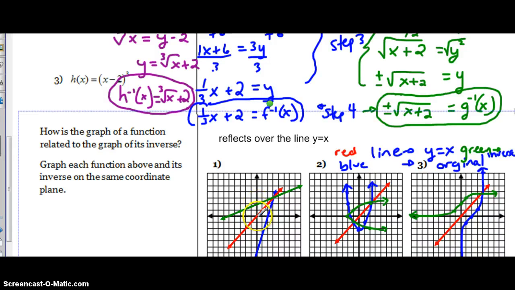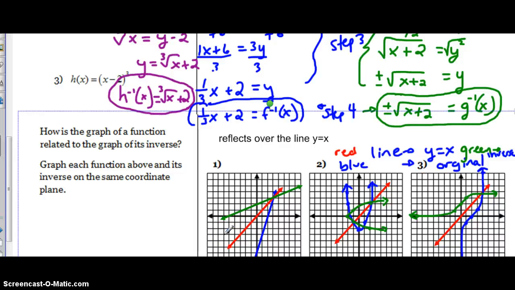Another point to look at would be the y-intercept, which is (0, negative 6). On the inverse, I would switch x and y and we get (negative 6, 0). So that looks good. It looks like I graphed that right and found the inverse algebraically correctly.